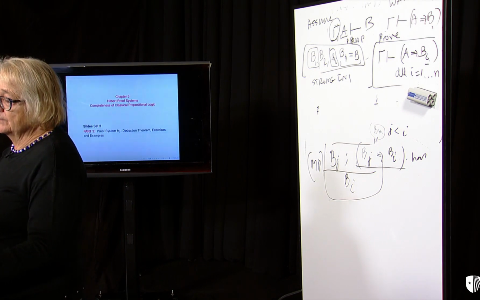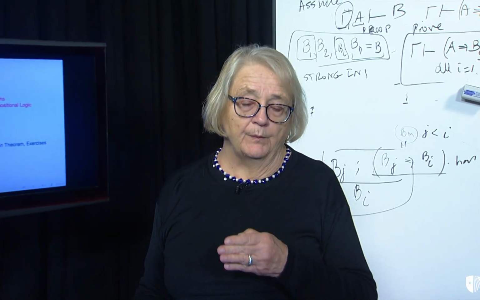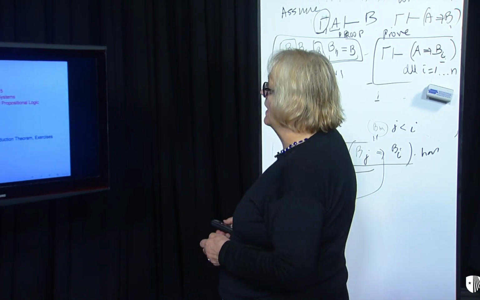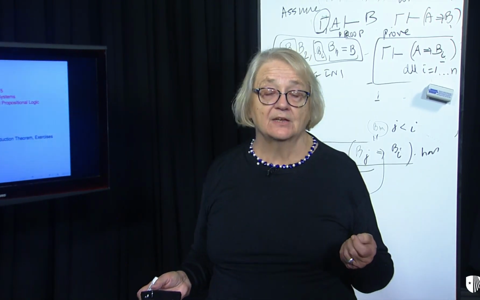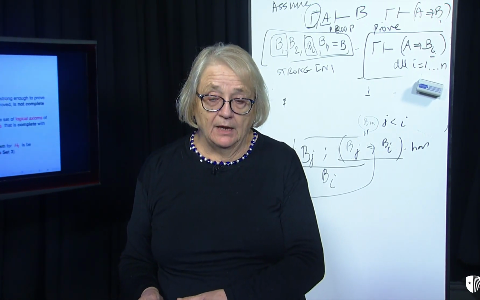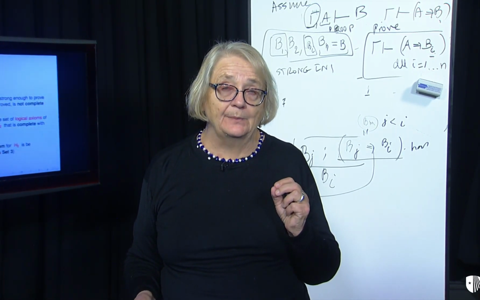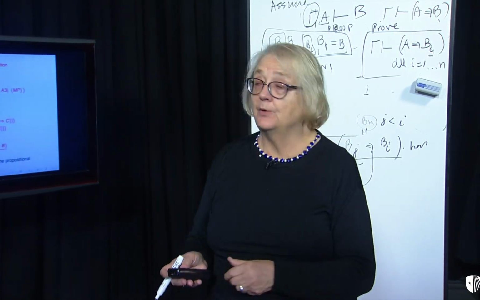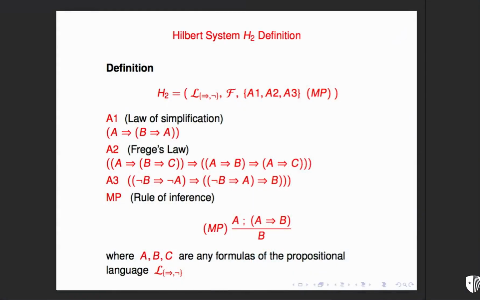Now we proved that our little system H1 was not complete. So now we extend the axioms of H1 to a little bit larger system, to which we add one more.